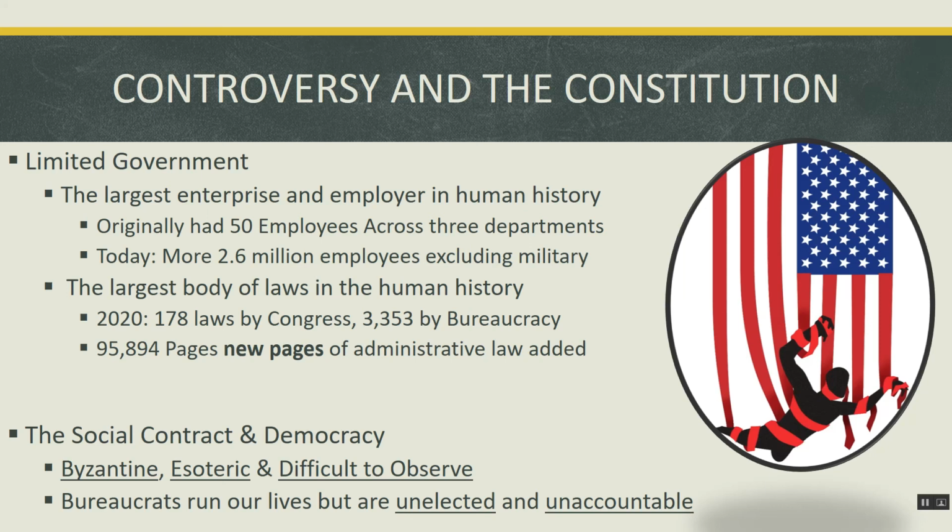Our executive bureaucracy employs more people, pays more people than Walmart and McDonald's combined. And that is not limited government. We can try to spin it, we can argue that it's necessary, but it is still incompatible with the constitutional principle of limited government, not only in terms of its unchecked power, but in terms of its overall size.